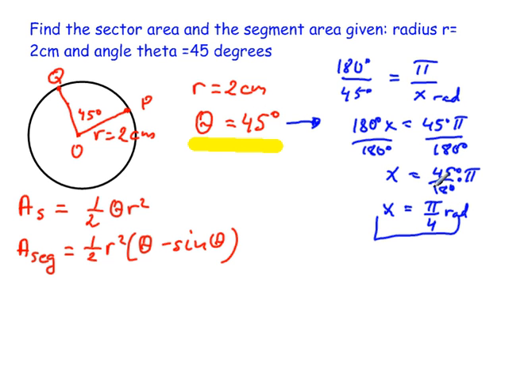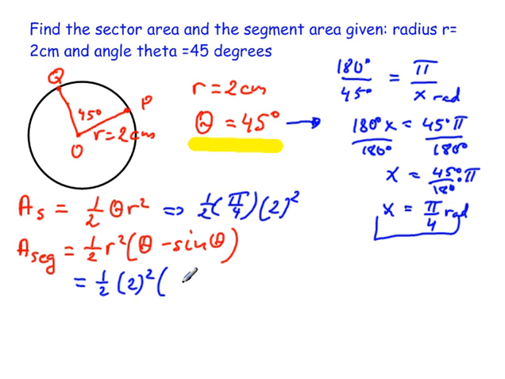Once I have it, this is very easy to continue. So the area of the sector is now 1 over 2 times pi over 4 times 2 squared. Area of the segment: 1 over 2 times 2 squared, in brackets pi over 4 minus sine pi over 4.